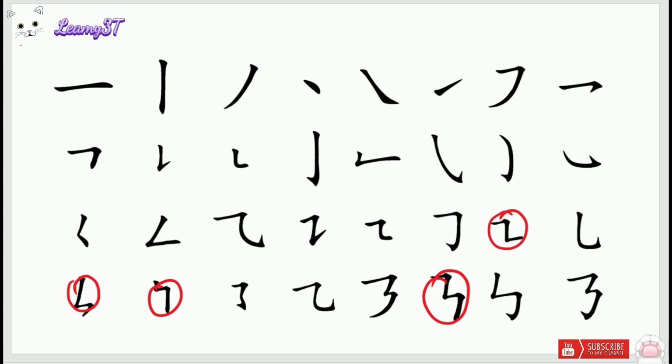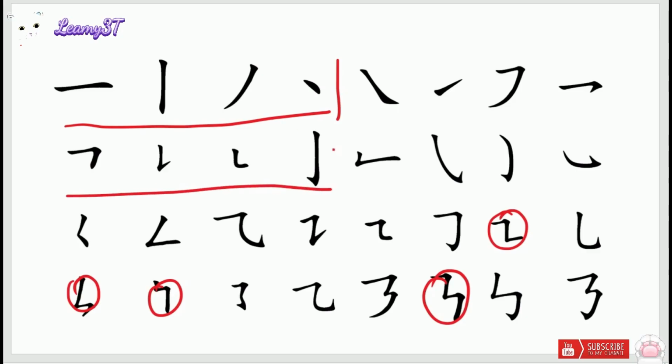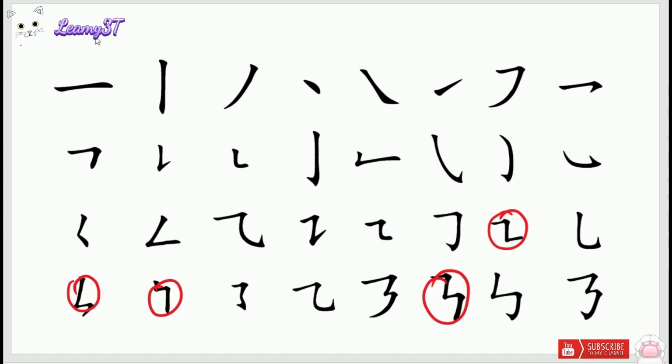So generally speaking, there are 28 commonly used strokes. In each lesson, we will learn 4 strokes. So in just 8 lessons, we will have covered all the strokes. There are 6 basic strokes.